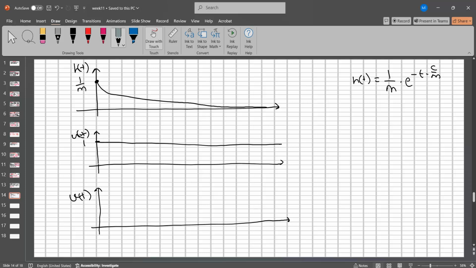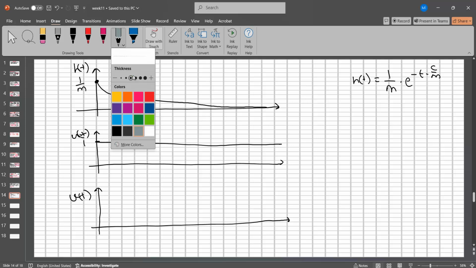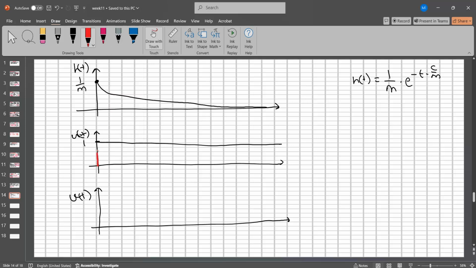First of all, we need to take this part up to tau. If we convolve this equation, what's the general pattern in here?